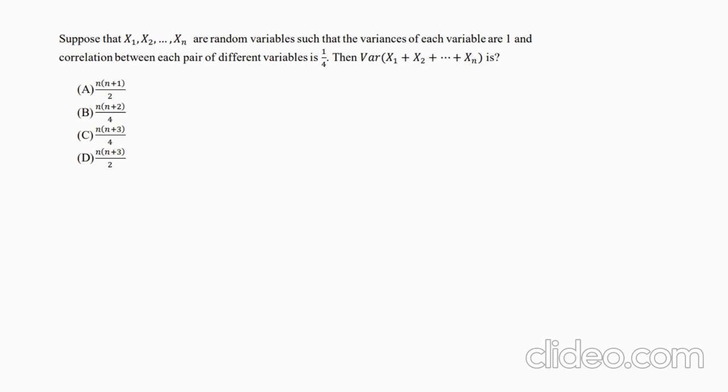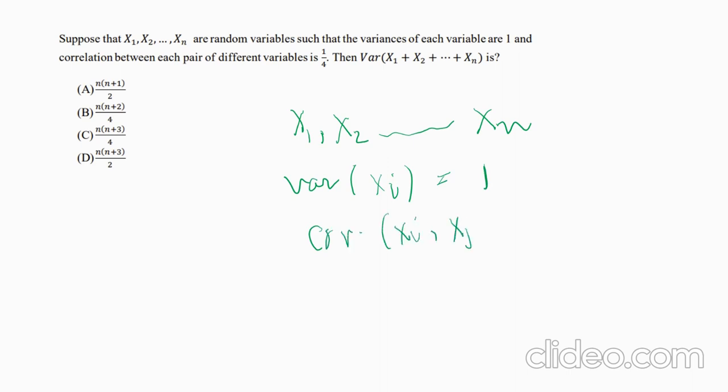Now we move to the next question, which is: x1, x2 to xn are random variables, such that the variance of each variable is 1, and the correlation between each pair of different variables is given. So the variance of xi is equal to 1, and the covariance between xi and xj, given i not equal to j, is 1 by 4.